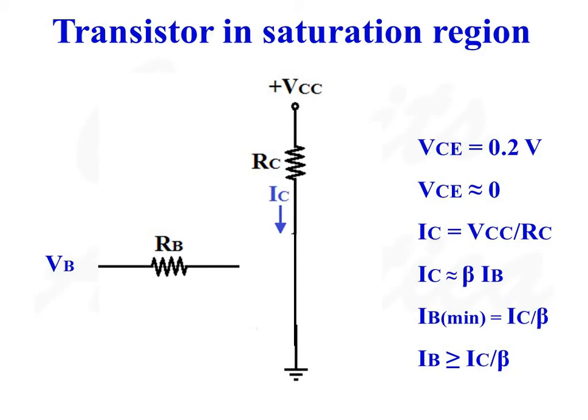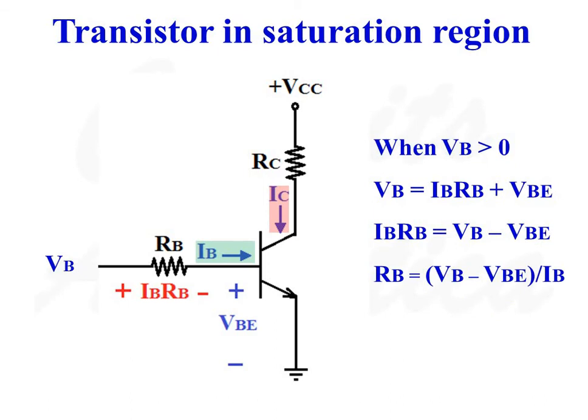So base current of the transistor in this circuit must be greater than or equal to IC max divided by beta. When VB is greater than 0 volt, transistor's base emitter junction will be forward biased if VB is greater than 0.7 volt.